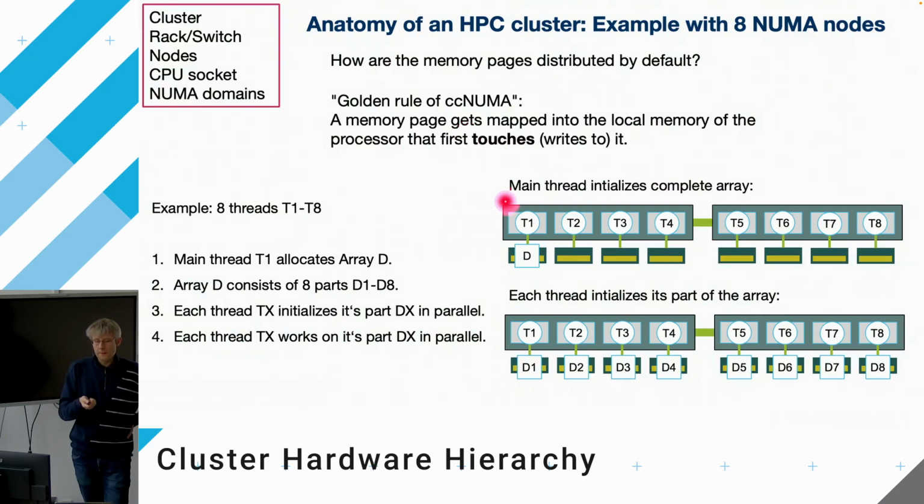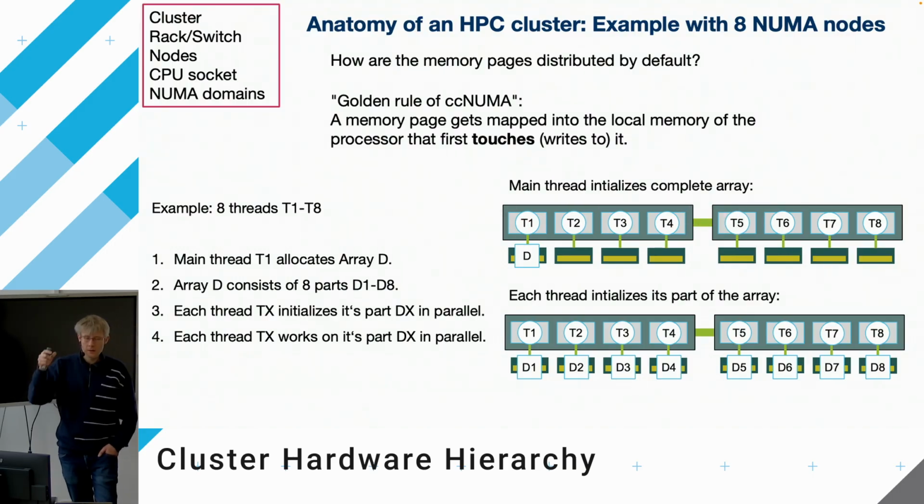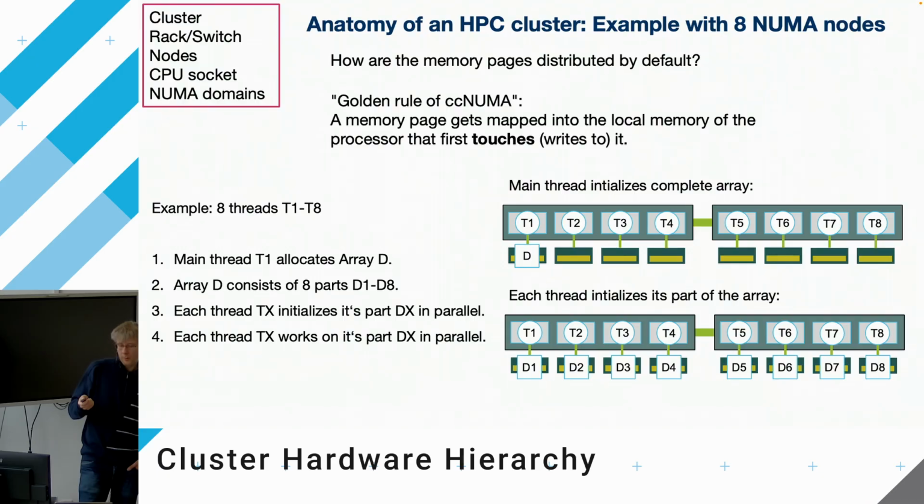Now, if the main thread allocates and initializes this large array, and then all of the worker threads are accessing it, then some of the worker threads will be in the same NUMA domain as the main thread, but some will be in different NUMA domains. And if all of these threads are accessing this array, there will be a slowdown, because they have to go through this bottleneck.